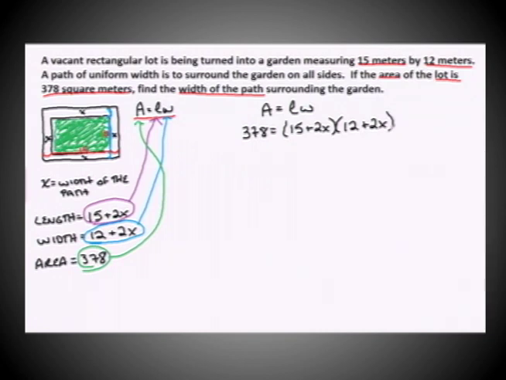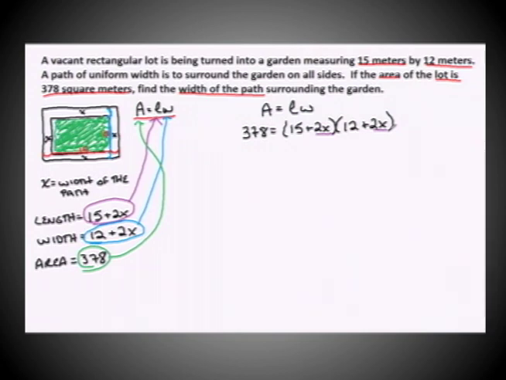So you can see in writing this equation, we have created a quadratic, because as soon as we multiply 2x by 2x, it's going to become 4x squared. And since we have a squared x in there, 2 is our degree, which makes this a quadratic equation.